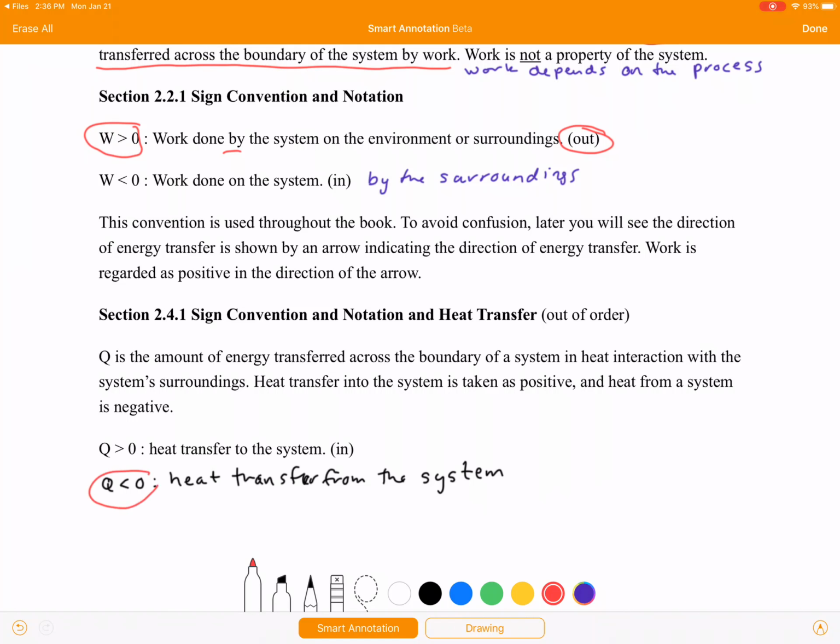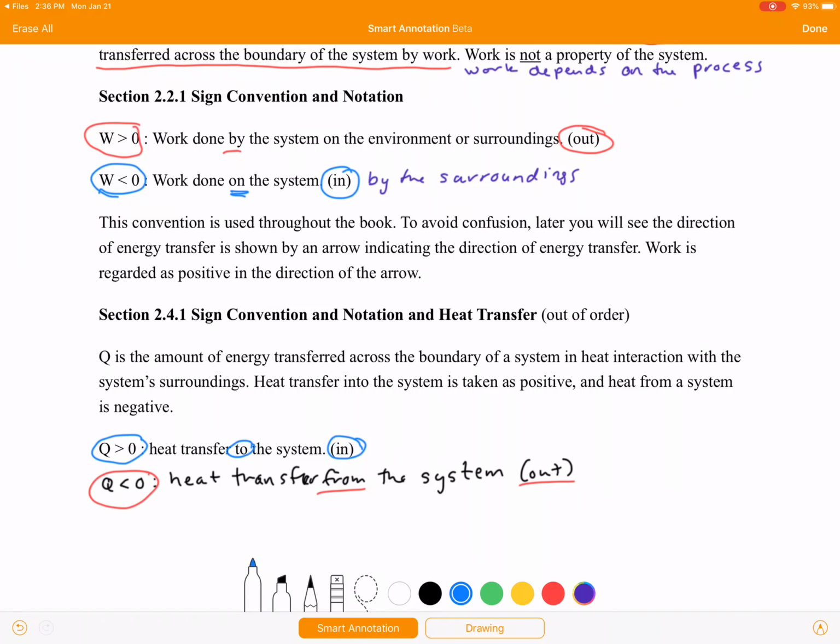So Q less than 0 is heat transfer from the system, or this would be out. So they're opposite to each other, and that's important to note. Work done on the system, or in, is negative, and heat to the system, or in, is positive. So they're opposite to each other.